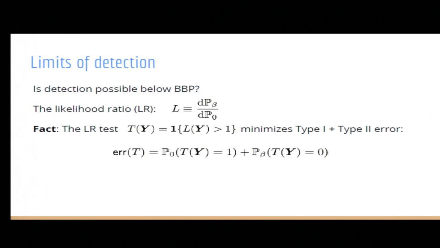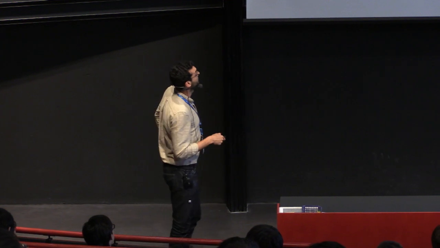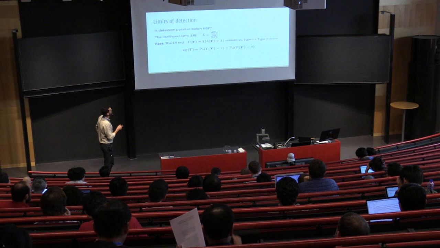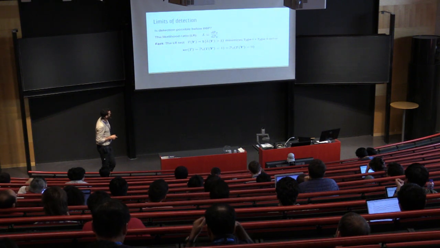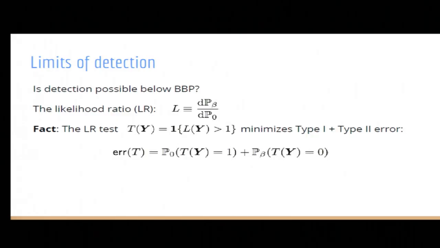Okay. So I'm considering just a simple binary hypothesis testing problem, and we know what the optimal test is. It's just the likelihood ratio test that takes the Radon-Nikodym derivative of the alternative against the null, and you look at this likelihood ratio and see if it's greater or smaller than 1, and test based on that.